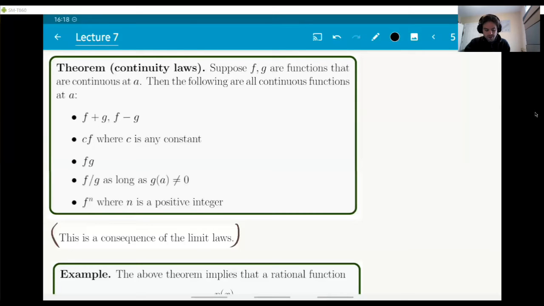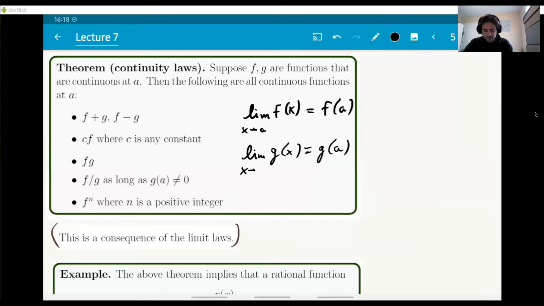Just a quick example. For the first one, for f plus g, let's say, if both f and g are continuous, that means that as you approach a in a limit with the f function, the value that you find is f of a. And if you approach a in a limit with the g function, the value that you find is g of a. So we know those by hypothesis in this theorem. They are telling us f and g are continuous. And now we're trying to understand why f plus g is continuous.